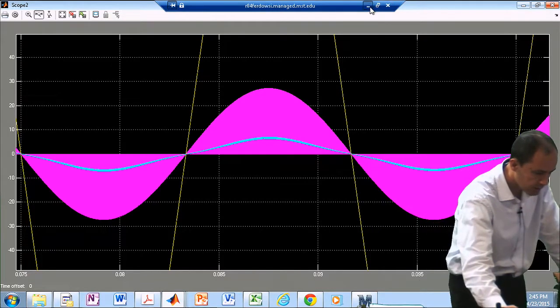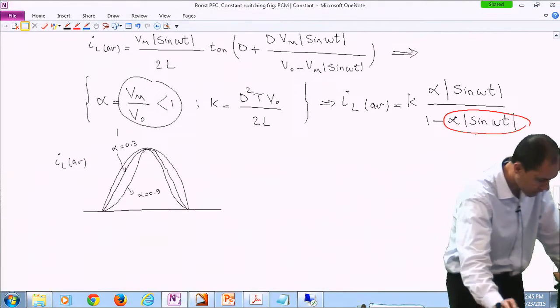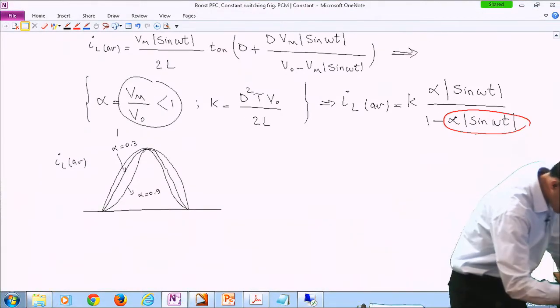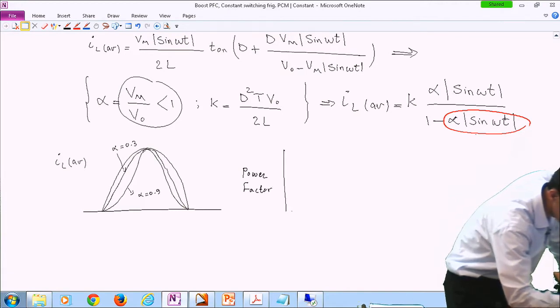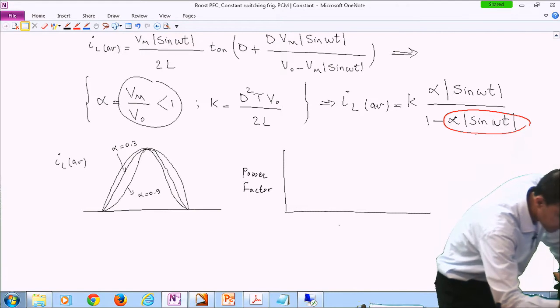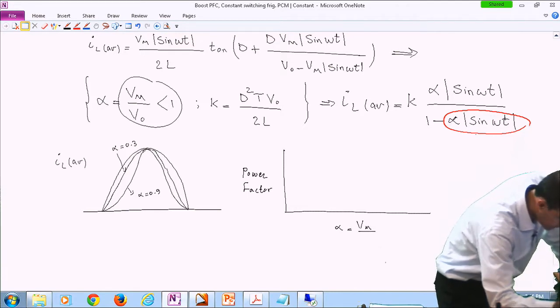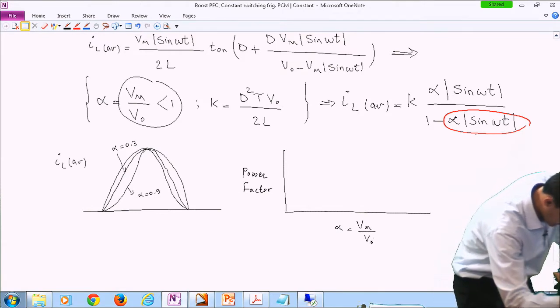Anyway, there is a paper, and we are going to go through it very quickly, but the paper's prediction is, if you plot power factor versus alpha, which is V in peak over V out, you get something like this.